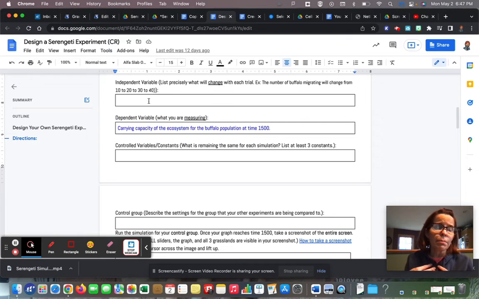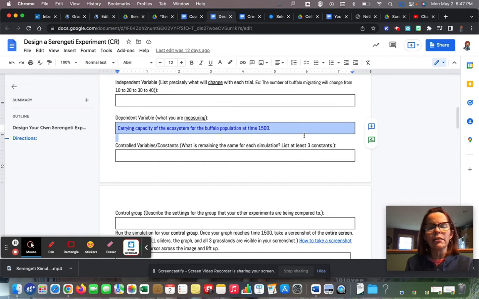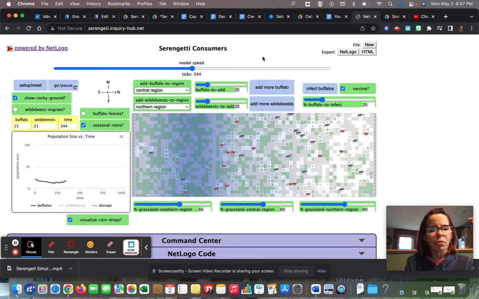So in my example, I would have said 100% grass, 80% grass, 60% grass, and 40% grass. That's my independent variable, and I spell it out exactly. The dependent variable, no matter what you're studying, no matter how you're designing your experiment, everybody has the same dependent variable. It's the carrying capacity of the buffalo. So at time 1500, once it gets to time 1500, you stop and you look at exactly, watch what I can do here.